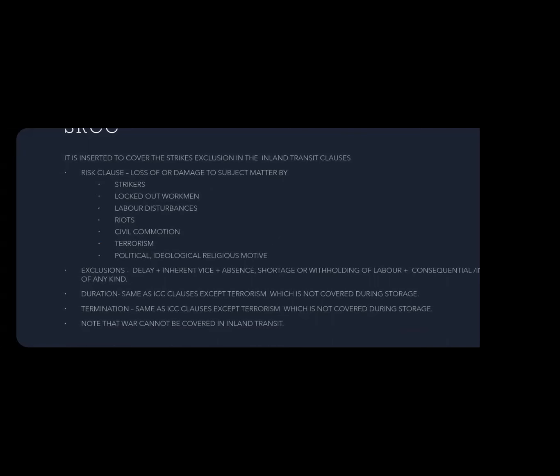It was not there in the old clauses. Now, some exclusions are delay, inherent vice, absence, shortage, withholding, consequential or indirect losses of any kind. The duration clause is, it's not ICC clause, it is ITC clauses.